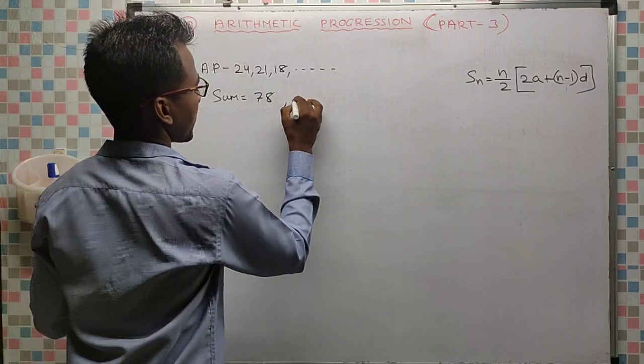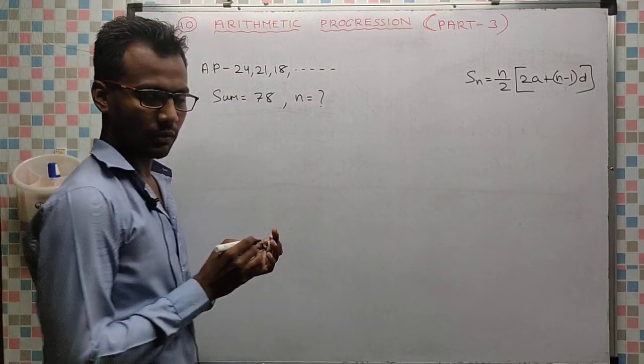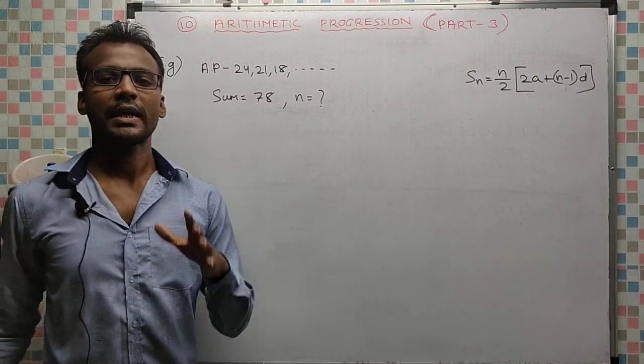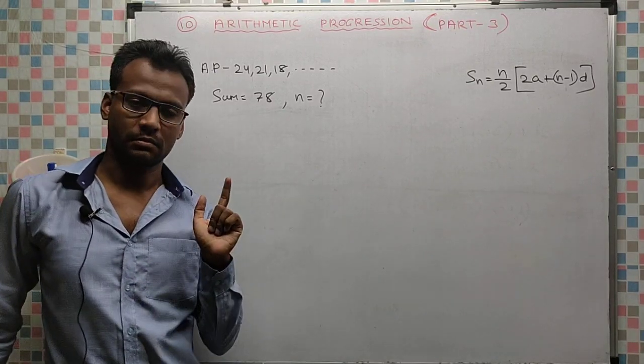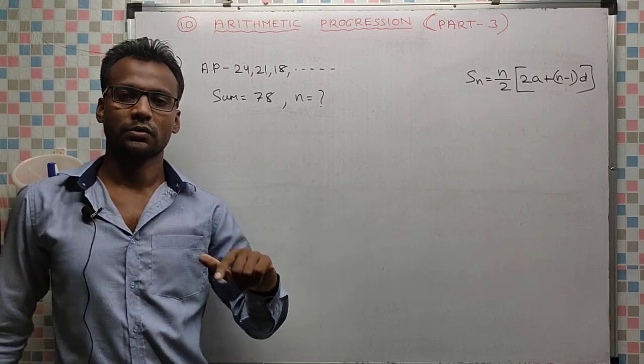We have been asked to find n. Usually n is given and we are asked to find the sum, but in this case the sum is given and we have been asked to find n.